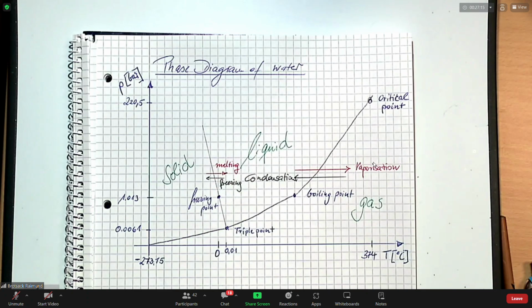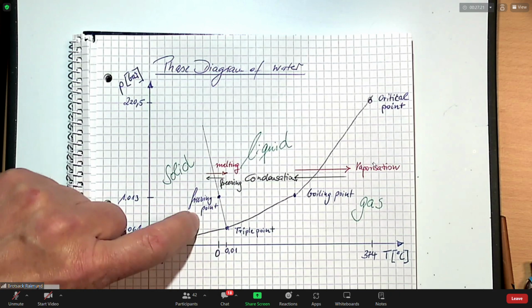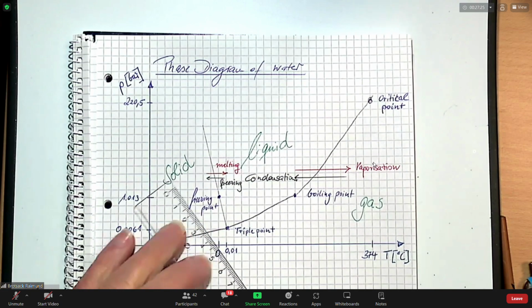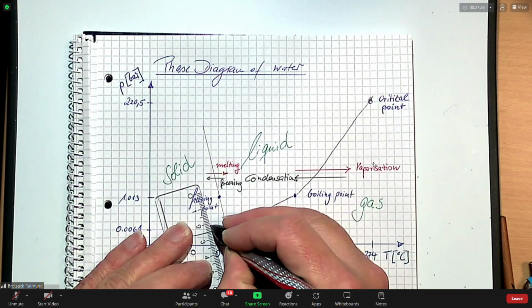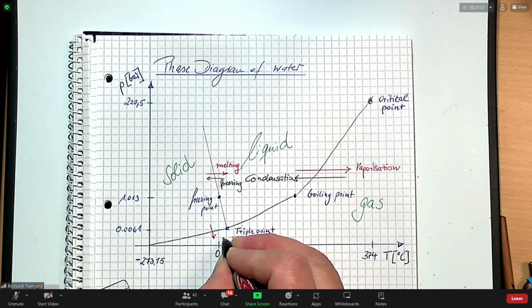And now the transformation from solid directly into gas, this way. Yes, sublimation. That is sublimation.